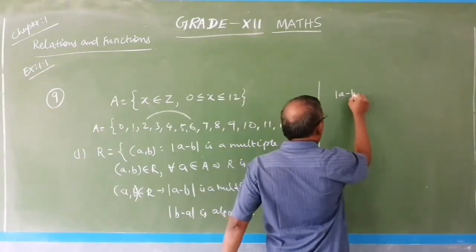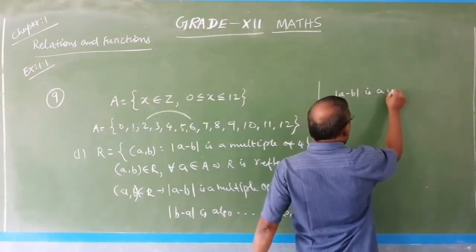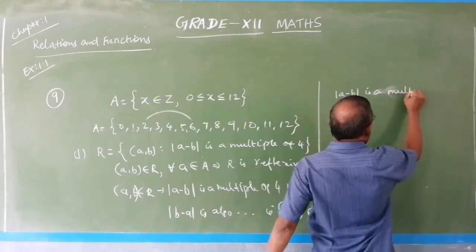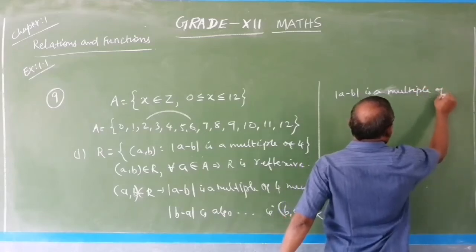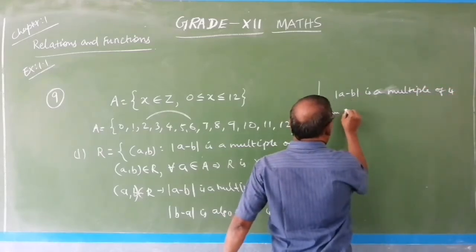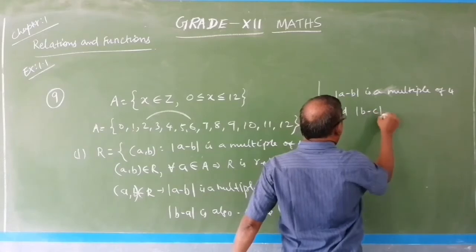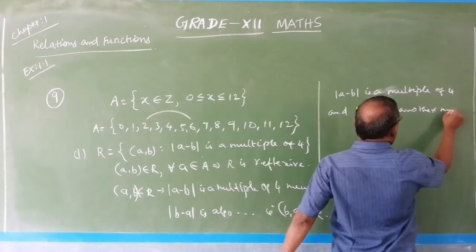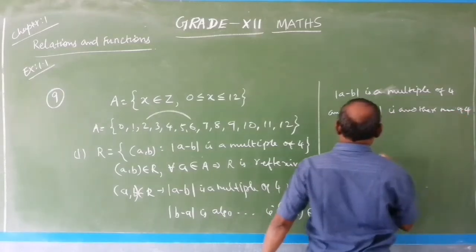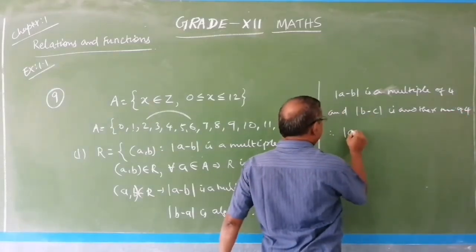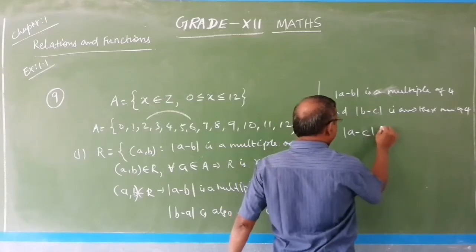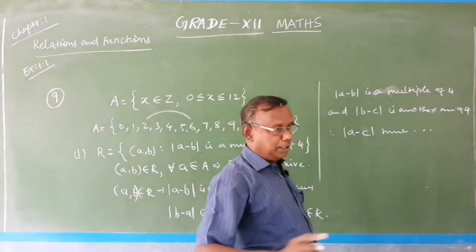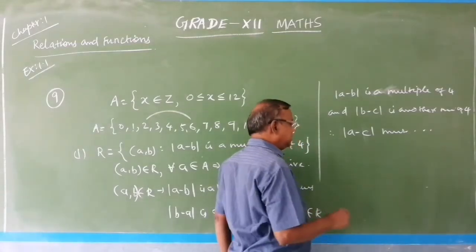Next one, if modulus of A minus B is a multiple of 4, and modulus of B minus C is another multiple of 4, then A minus C must be a multiple of 4, because the sum of any two multiples of 4 is always a multiple of 4.